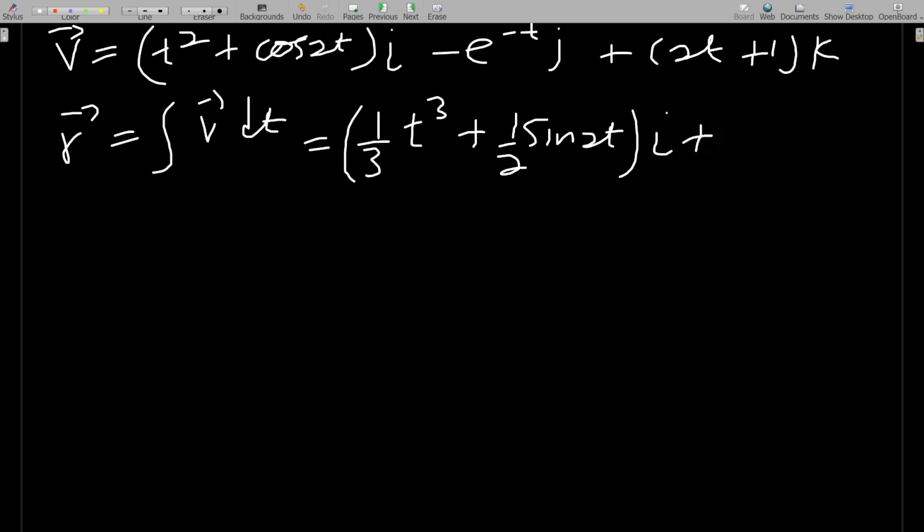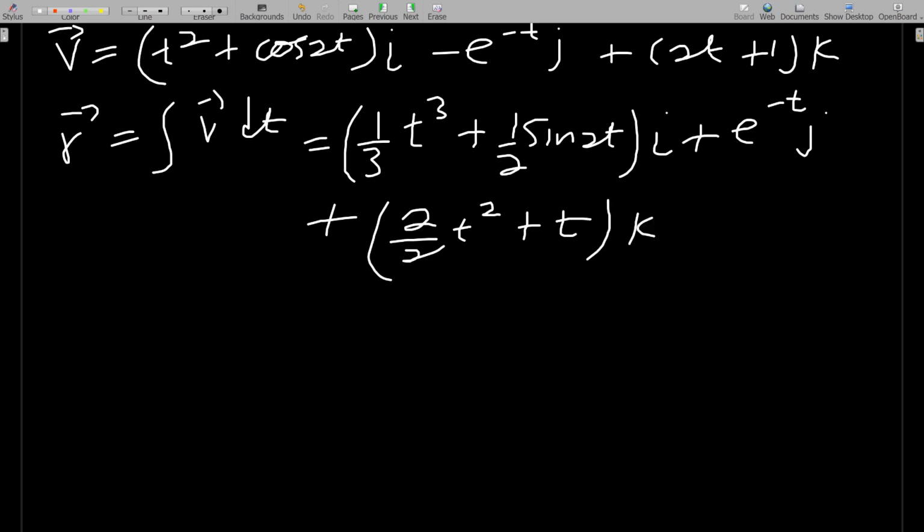Then plus e to the minus t j, because when you integrate e to the minus t, you get negative e to the negative t, and when you put the minus from the velocity here, it becomes plus. Then plus the integral of this side, that will give me 2 over 2 t squared plus t, then k. But 2 over 2 gives me 1, so I have to erase this and write t squared like that.